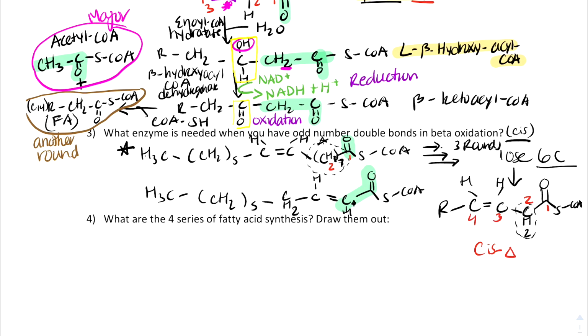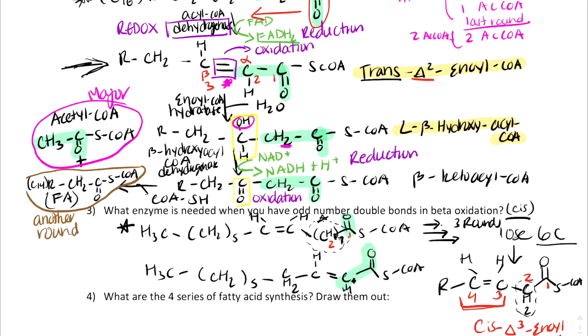Cis delta 3 enyl CoA. So the problem with continuing the beta oxidation with this is we have a cis. And beta oxidation can only proceed in the trans form because the cis form is not a substrate for this enyl CoA hydratase. That's right here.